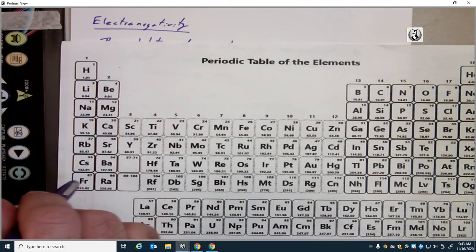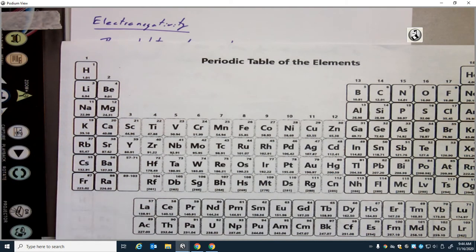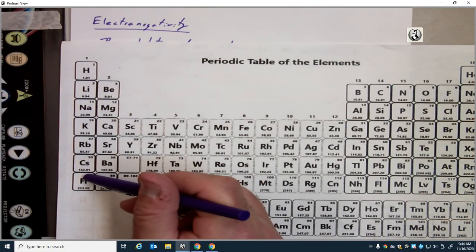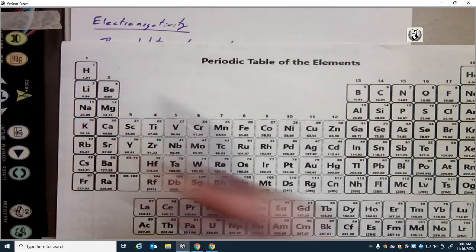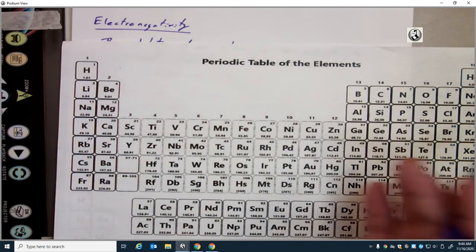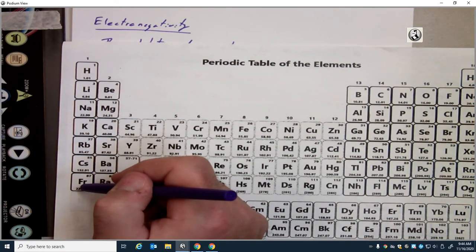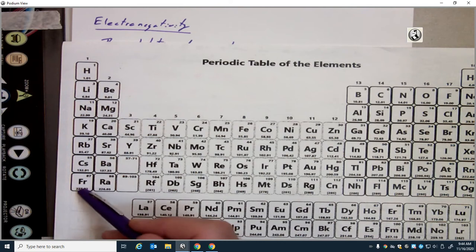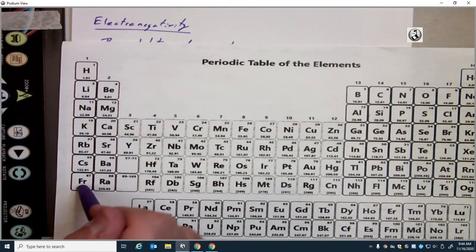It does not want to gain electrons. In fact, it wants to get rid of electrons. It's a very big atom. The valence electron is very far away from the nucleus. The attractive force between the nucleus and that electron is very small. So it's not going to gain electrons. It's going to want to lose them.